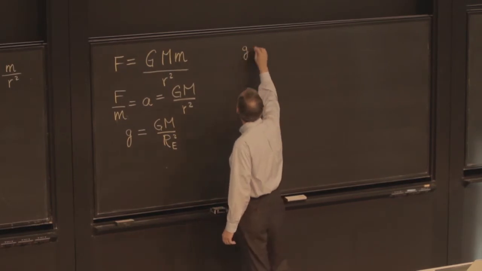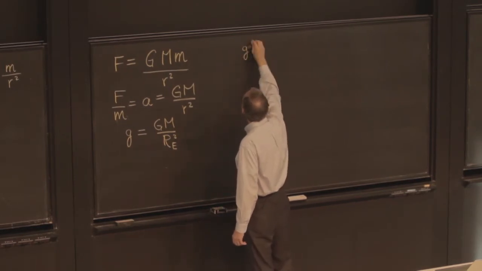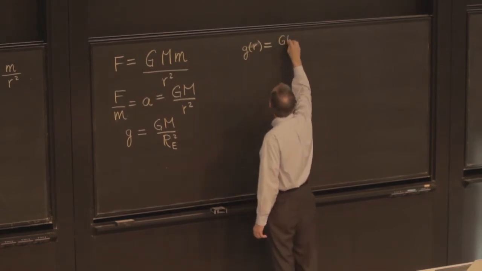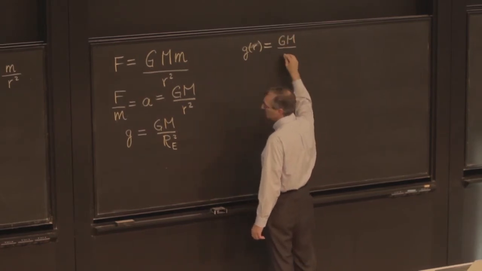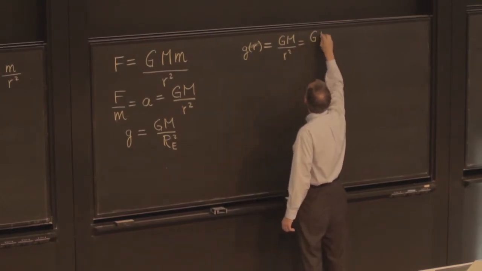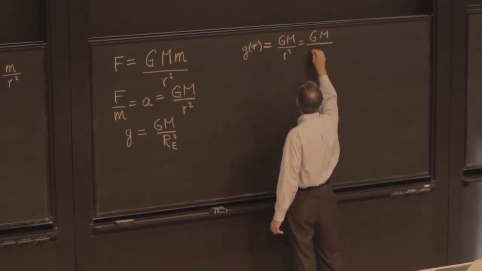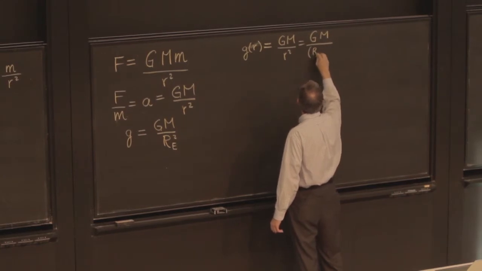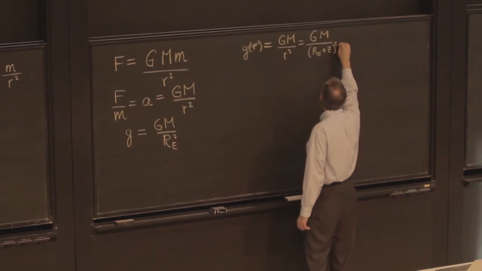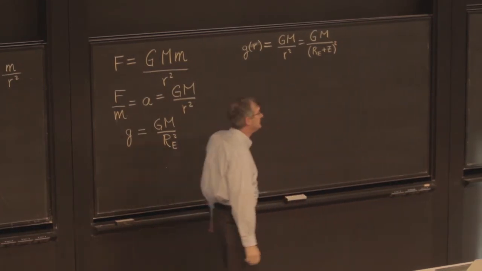We have g as a function of r should be equal to G M over r squared, but I will write r as the radius of the Earth plus some little elevation z.